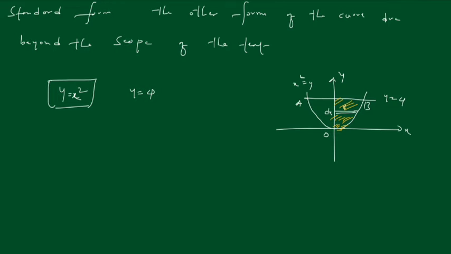For example, y equals 4 is the line here. With this you will find the area of the region bounded by the curve y equals x square and the line y equals 4. Let's see examples one by one. First we'll see the area under the curve.